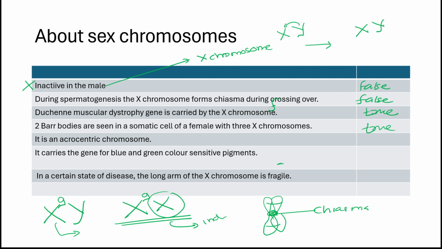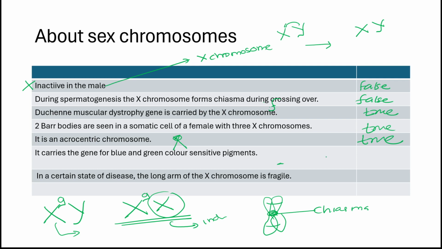Better to take it as submetacentric, but I'm not completely sure how this has to be done. They have to specify whether it's a Y or an X. Usually, you would see acrocentric chromosomes that can be taken as true, because in Y usually it is more towards the terminal aspect of the chromosome. So again, a true statement.